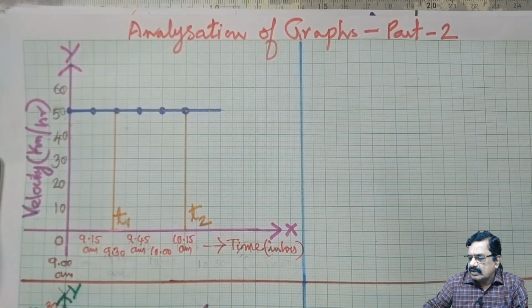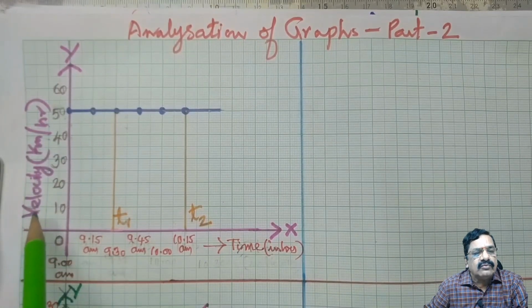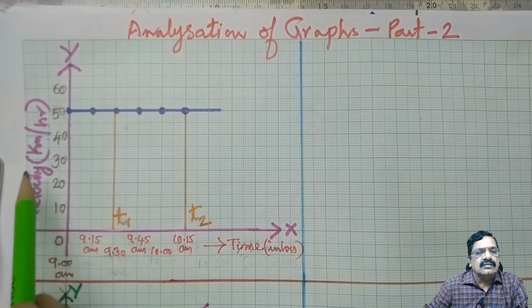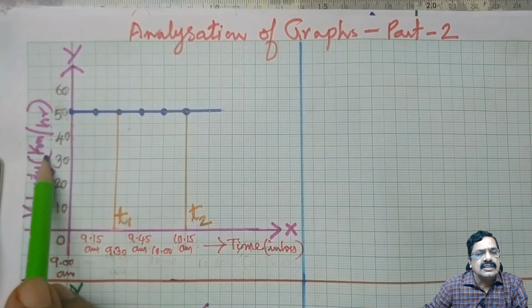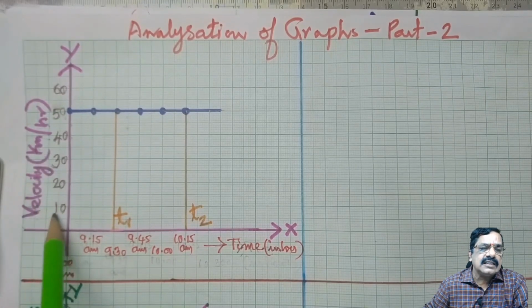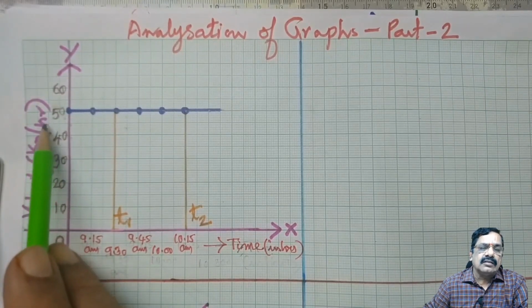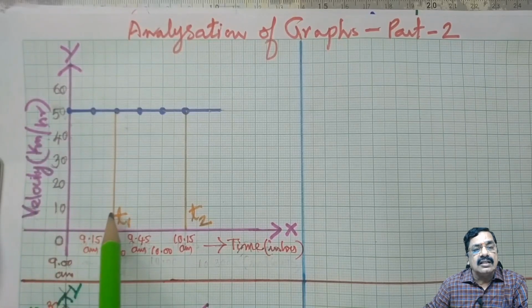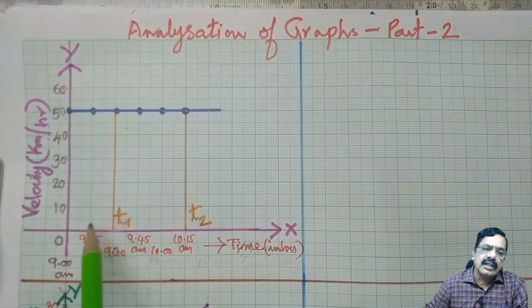Next question: what is the unit of the velocity taken here? You have to see in the brackets, whatever is written, that is the unit. Here, velocity is taken in kilometer per hour. I am not giving the table here; this graph was already drawn using some table.